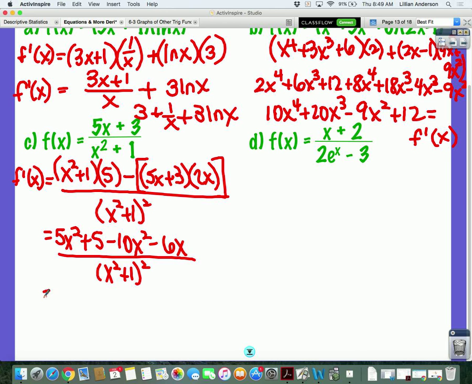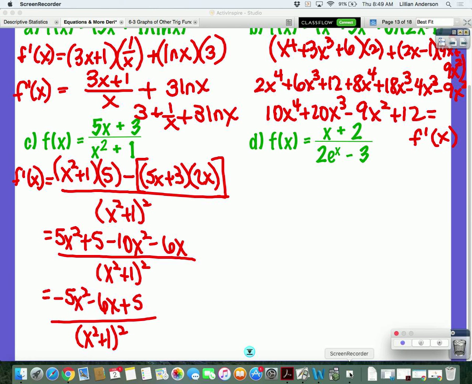So combine some like terms. And there's your derivative.